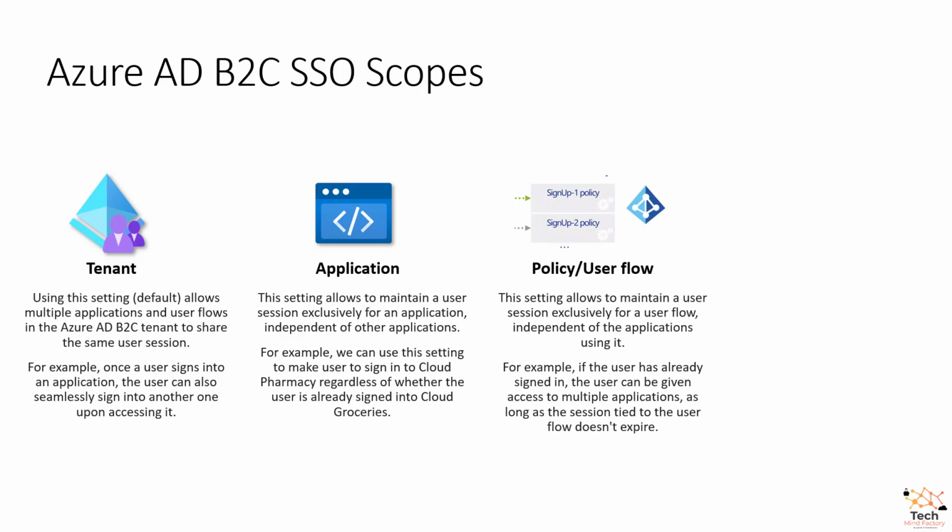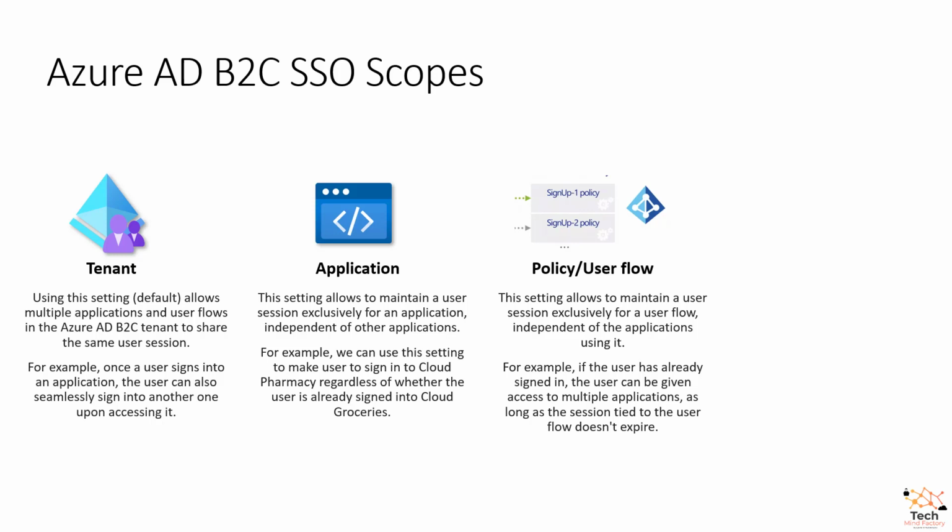This setting allows us to maintain a user session exclusively for a user flow or custom policy, independent of the applications using it. So for example, if the user has already signed in to one application secured by a specific custom policy or user flow, the user can be given access to multiple applications as long as the session tied to the user flow doesn't expire.